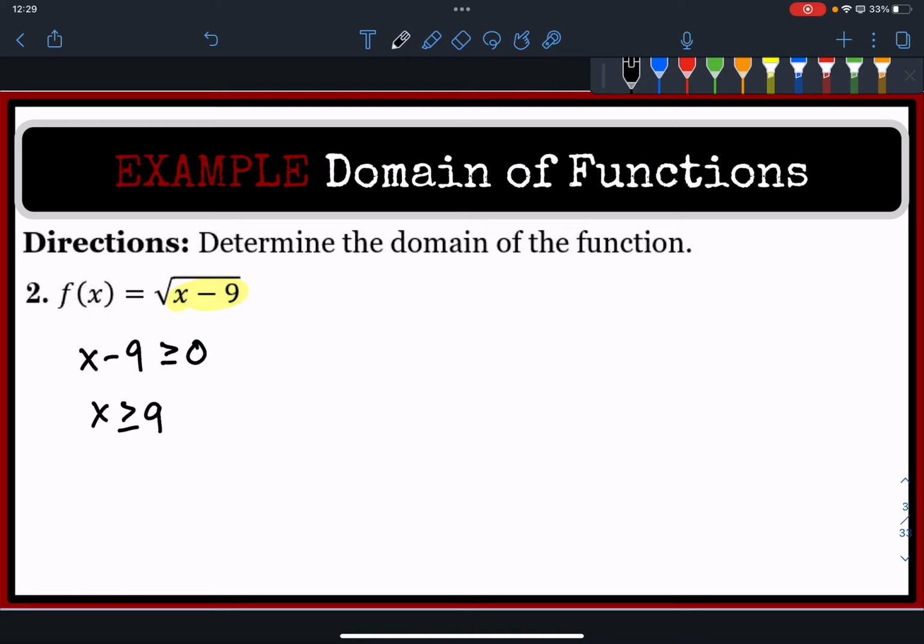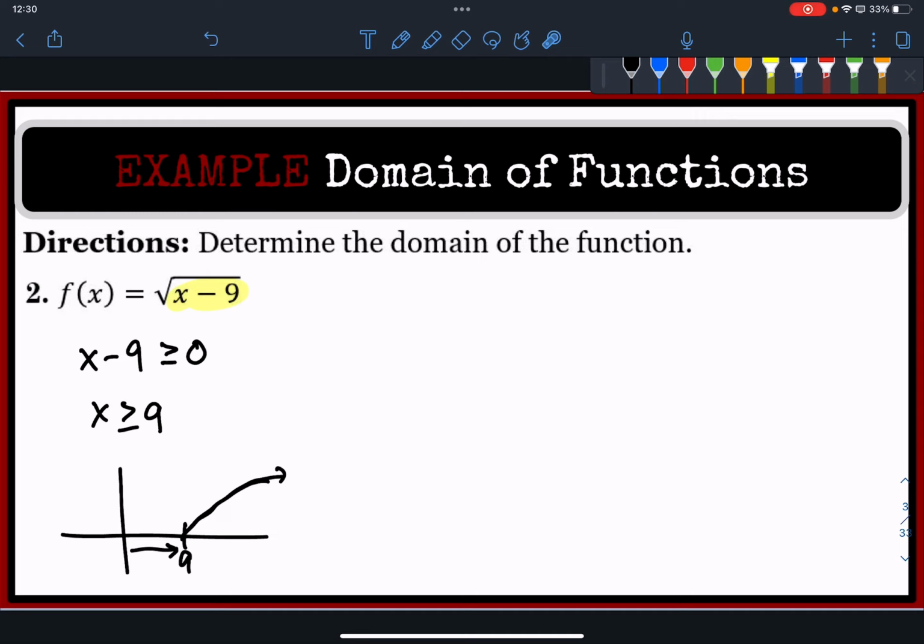And this lines up exactly with what x minus 9 does in terms of transformations. By subtracting 9 from the x inside here, we are horizontally shifting our square root function, which kind of looks like this, 9 units from the origin to the right. This is why we're only allowed to plug in numbers for x greater than 9, because we're shifting our graph 9 units to the right.